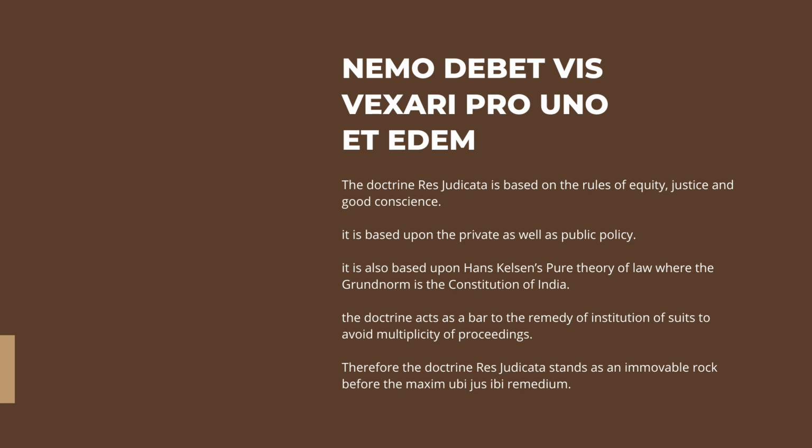Now, since the very purpose of this maxim is to avoid multiplicity of proceedings, it can be said that the doctrine of res judicata is also based on the rules of equity, justice, and good conscience because it acts as a bar to the remedy of institution of suits to avoid the multiplicity of proceedings.